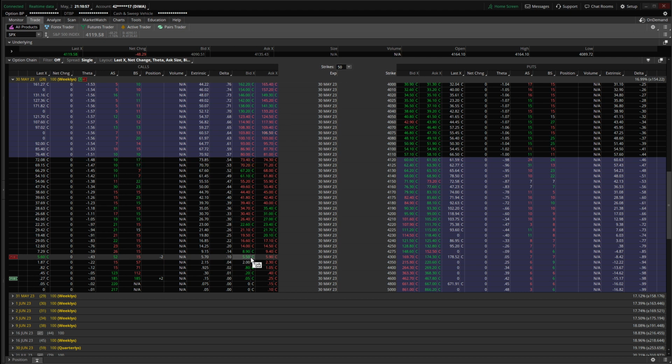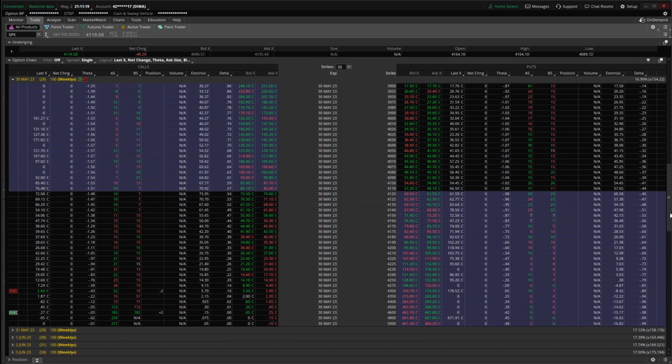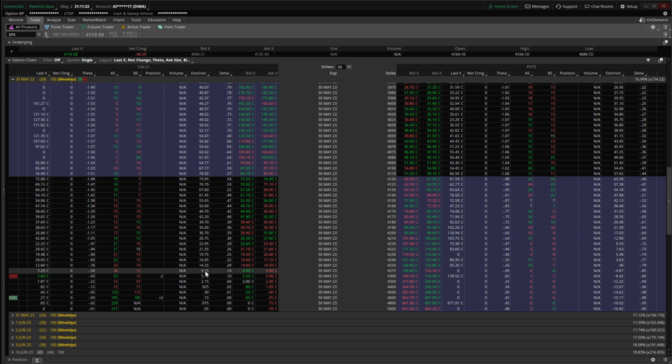And I was thinking either to buy this back due to the fact that tomorrow we have this big event, or leave it as is until maybe right before the conference. But then I decided that no matter, at this point, where we are today at 41.19, even if tomorrow we end up just ripping higher, I think it's going to be very hard to reach 4,300 for the market.